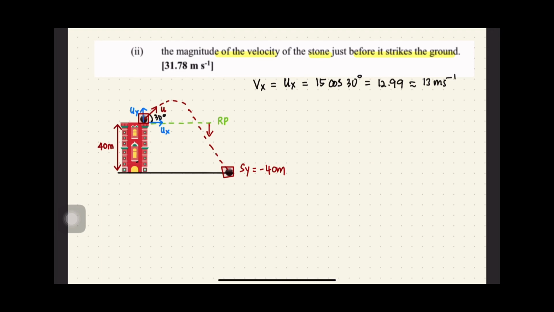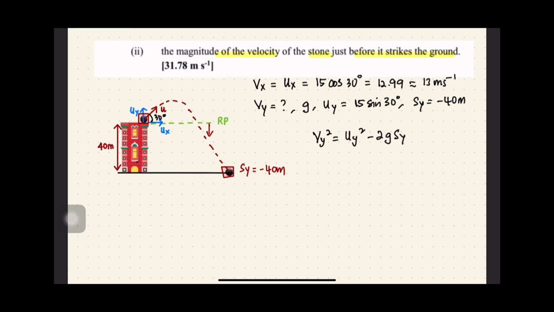Okay, so now we want to determine Vy. Kita ada g and then kita ada Uy. Uy is 15 sin 30 and then you ada apa lagi? You ada Sy, gantikan dengan negative 40 meter. So what formula is okay? Vy square is equal to Uy square minus 2g Sy.